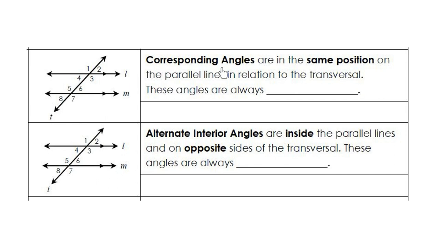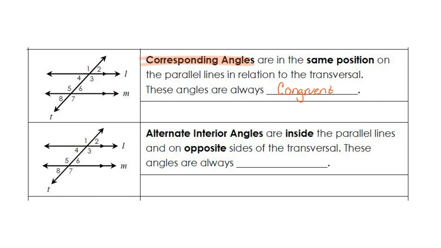Okay, corresponding angles. Corresponding angles are in the same position on the parallel lines in relationship to the transversal. These angles are always congruent, so they're going to be the same measurement.